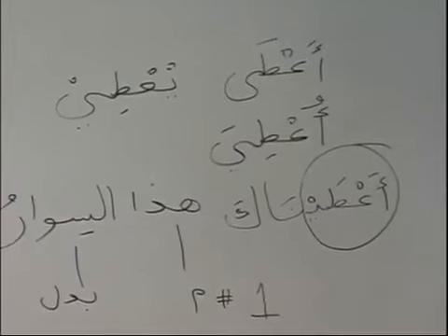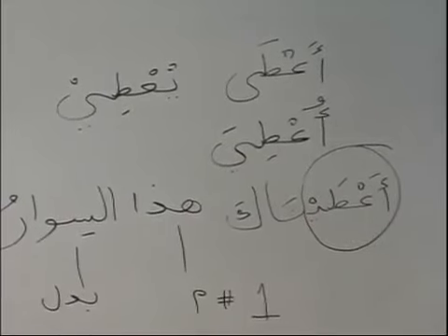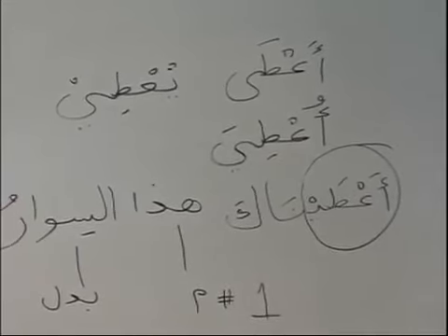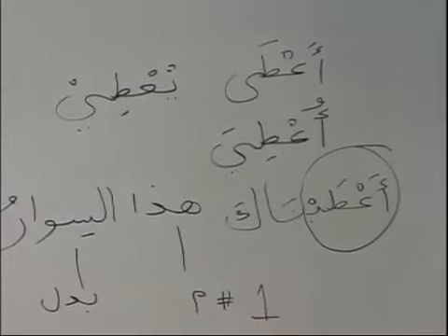Lam Kalima will get Dhamma. So how will you describe Yuta? Fi'lun, Mudari'un, Lil Majhul, Marfu'un, Wa Alamatu Raf'i, Dhammatul Muqaddara. Khalas, brother. That's it. Inshallah. You will remember? Very important verb.